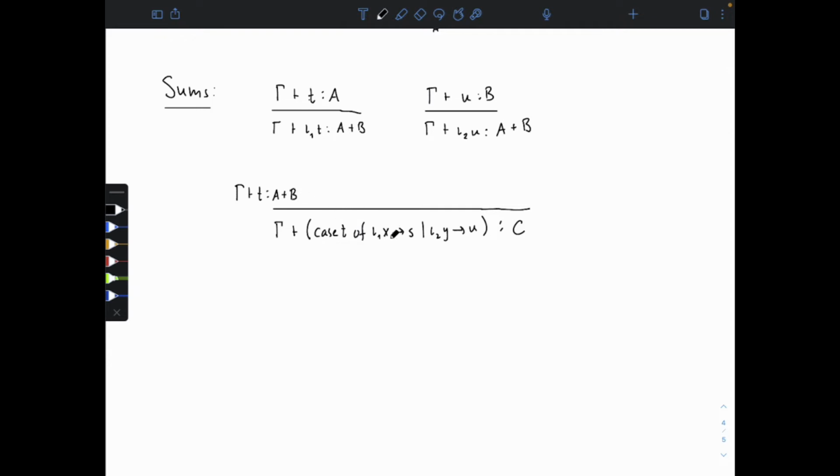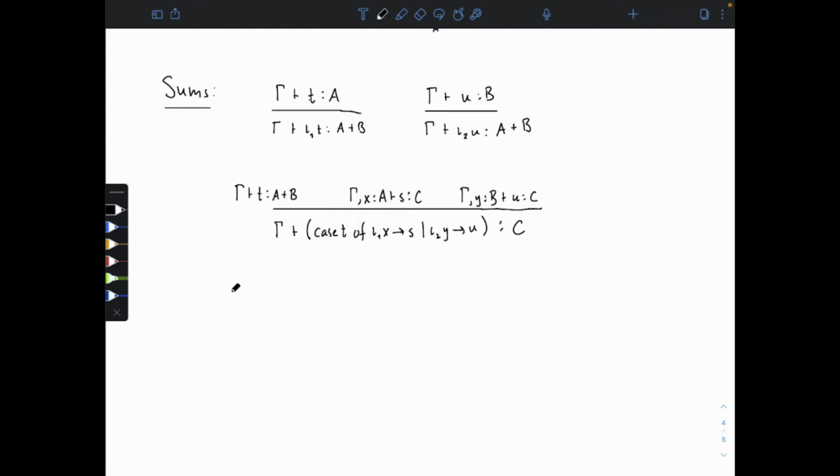Then this x here will presumably be from A. So when we want the type of s, we're assuming that x came from A, and in that case s has to be of type C. Similarly, this y has to be of type B, and then u has to be of type C. We're calculating something of type C. So that's the rule. Equations? Any questions about this? Equations? Okay, congruence rules. Anything else?